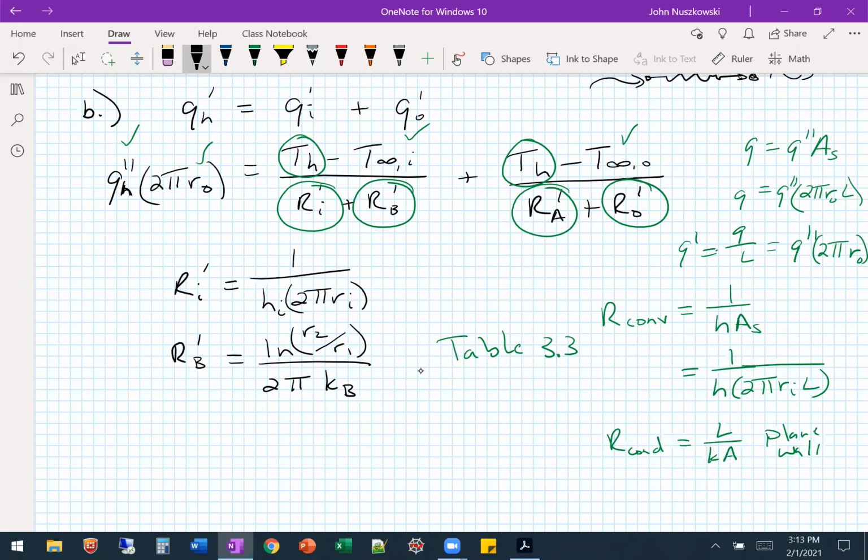Then we can do something similar for the A material, so that's conduction, and then the outer convection. That was conduction, this is convection.